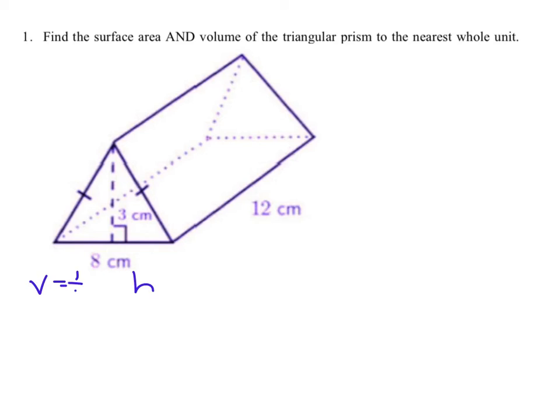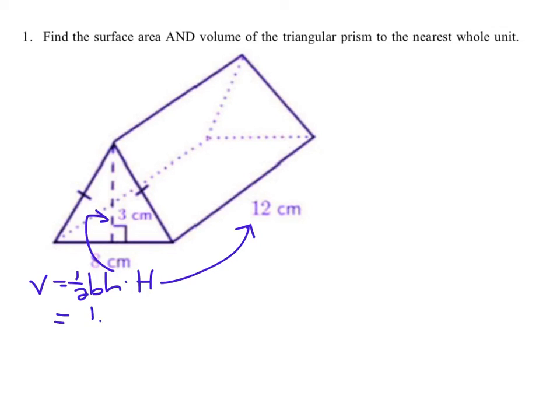So we say 1/2 base times height times, and maybe I'll make this one a big H, because this H and that H are different. It's not H squared. There's two different values for H. This H is the height of this, and this H is the height of the triangle that we're finding the area of the base for, okay?